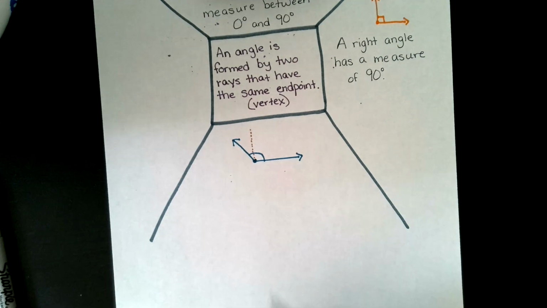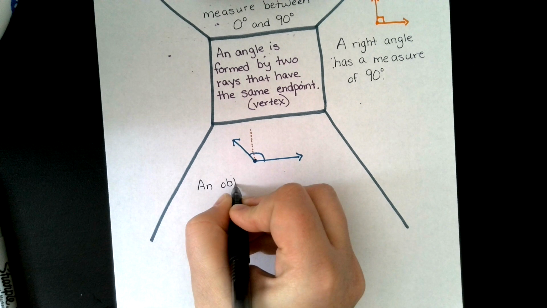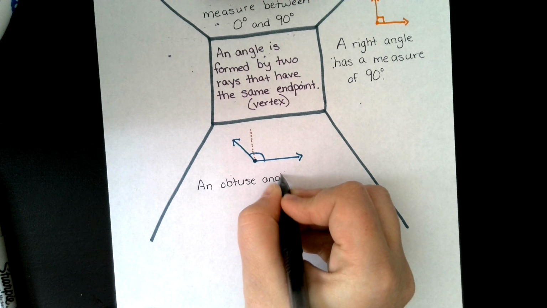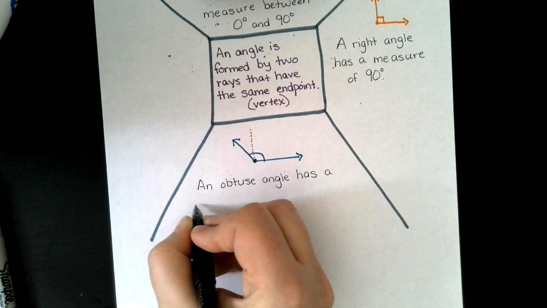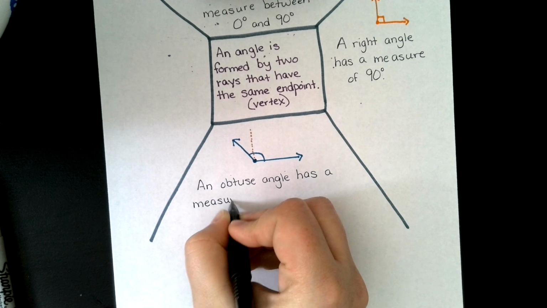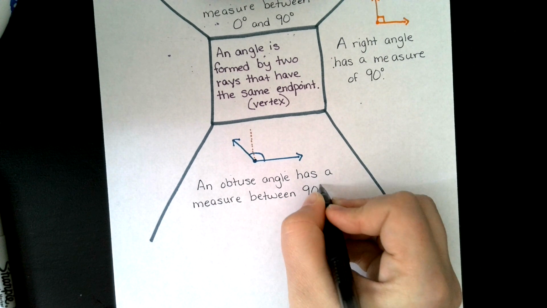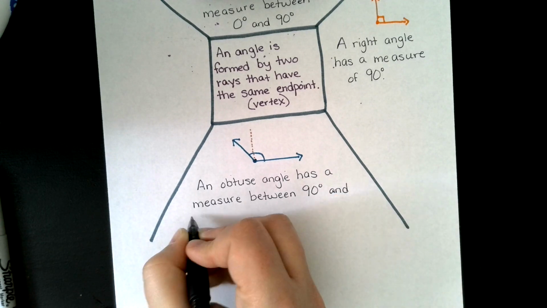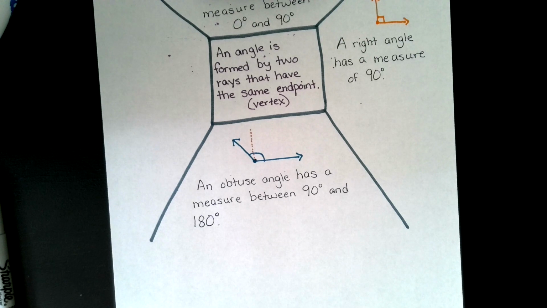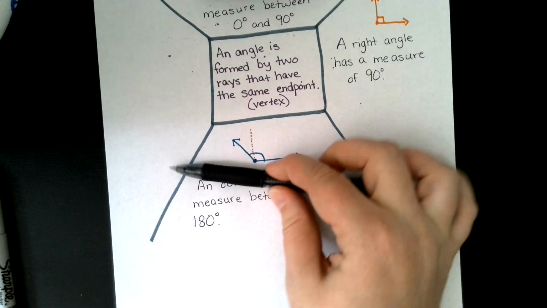So an obtuse angle has a measure between 90 degrees and 180 degrees. This is not how hot this angle is, it's how far it moves. Okay, I'm going to show you what these measures mean before we stop today.